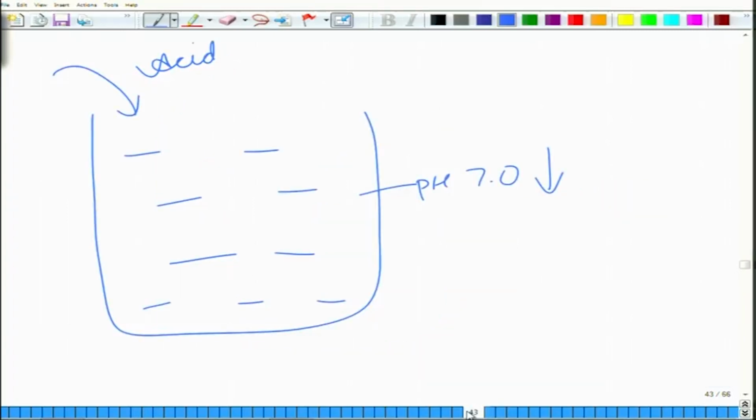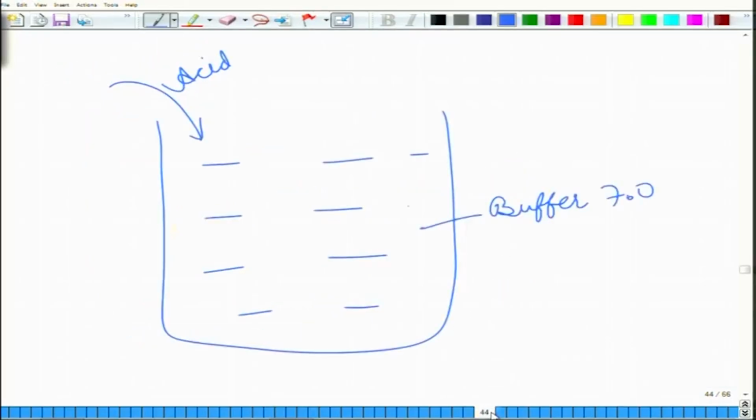So suppose when you had the water and you added 1 milliliter of an acid, the pH moved from 7 to 3. In this case, you again added 1 ml of the acid, but the pH changed from 7 to 6.9. So this would be an example of a system that is resisting the change.